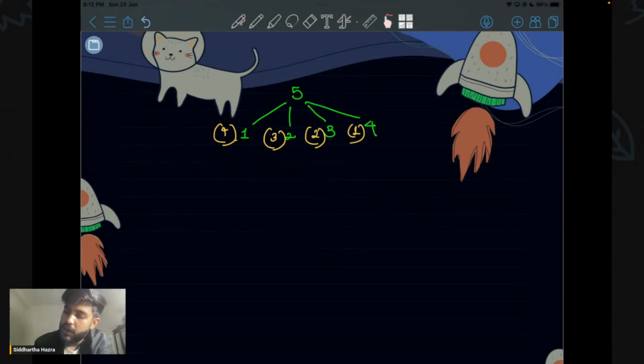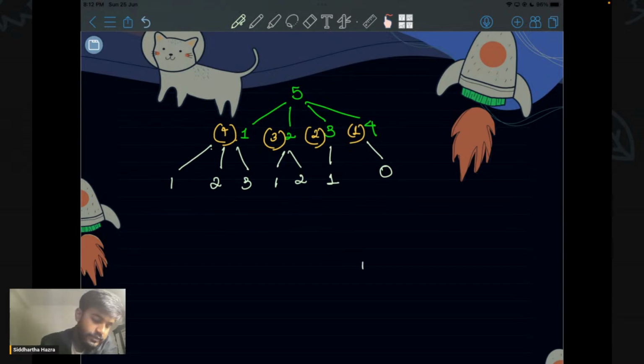Now from 4 I can again go to 1, I can again go to 2, I can again go to 3. From 3 I can go to 1, I can go to 2. From 2 I can go to 1. And from 1 I can go to 0. Fair enough.